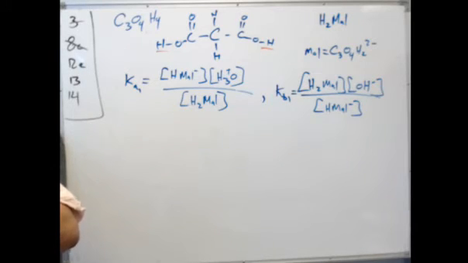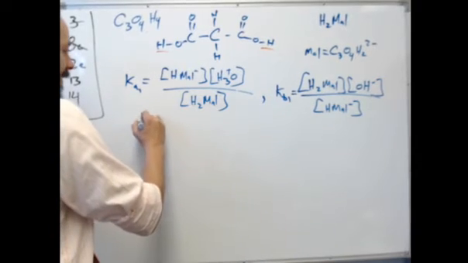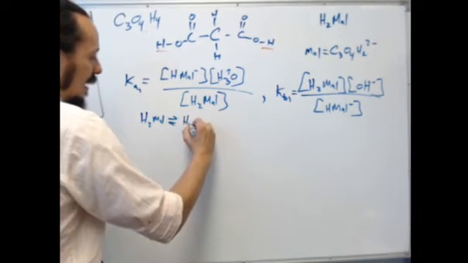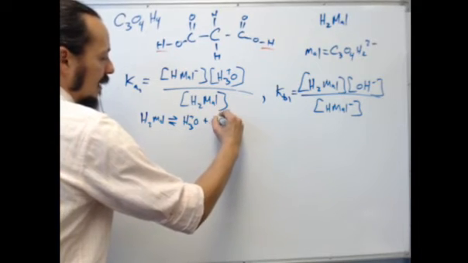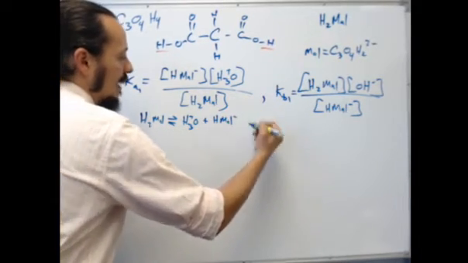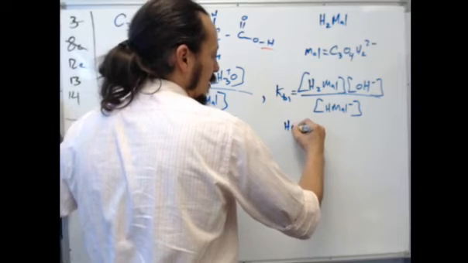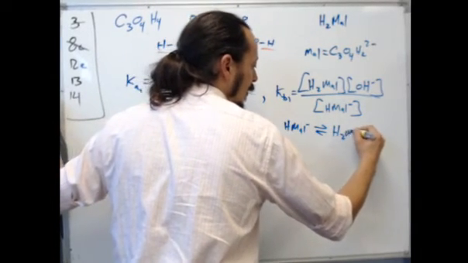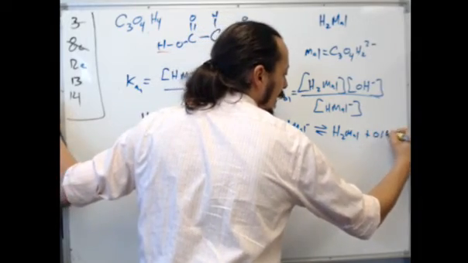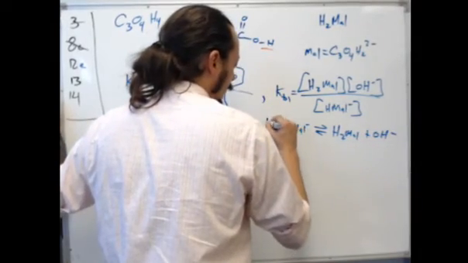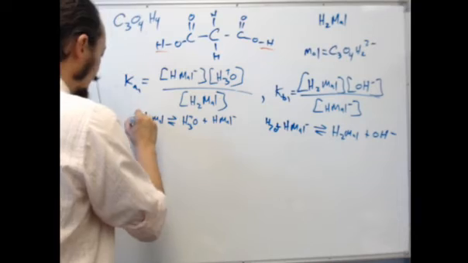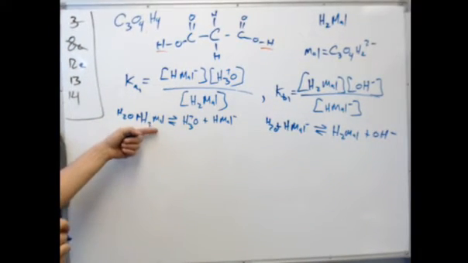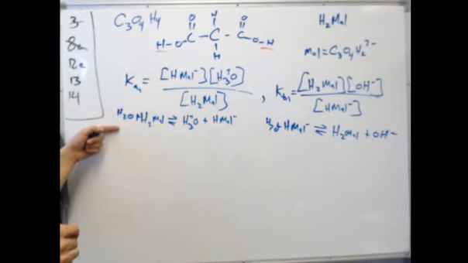Are you having trouble seeing that in here? So let's write the reaction. This is H2mal goes to H3O plus and Hmal minus, or I can look at Hmal minus goes to H2mal plus OH minus, with of course water in there as well. So in this case, I'm looking at how well H2mal donates a proton to H2O.